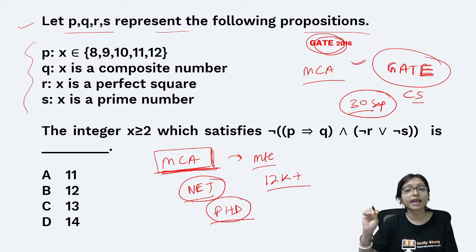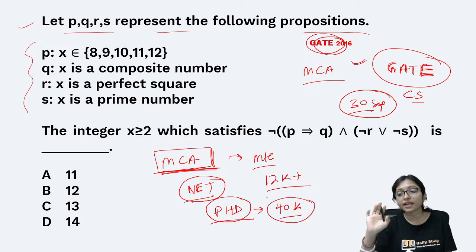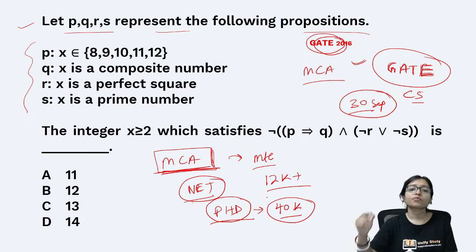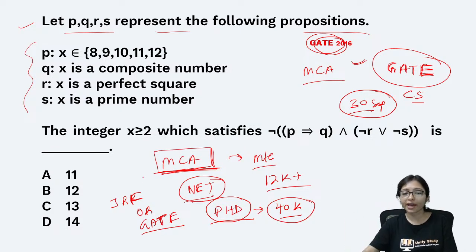PhD enrollment can be done through GATE also, and you get a stipend of near about 40k for PhD. Most of the central universities and IITs say either JRF or GATE. These are the two options they are giving. If you have JRF, you can get the stipend. If you have GATE, you can also get the stipend.